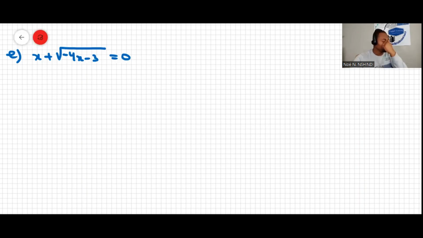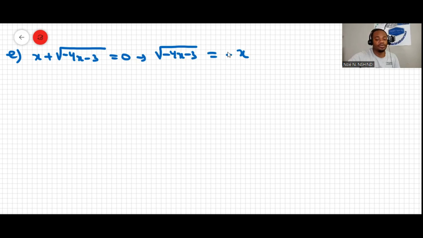So we move the x over, so that makes square root of negative 4x minus 3 equal to negative x. Now that we have a negative x here, I would say there is no solution because it's a negative. No, we cannot say that because we don't know the value of x. In case x is a negative, negative and negative would make a positive.